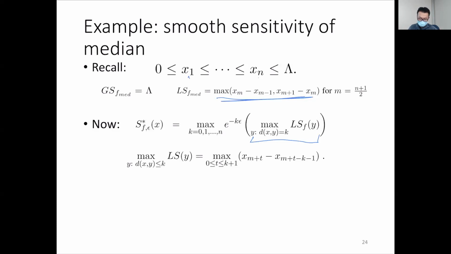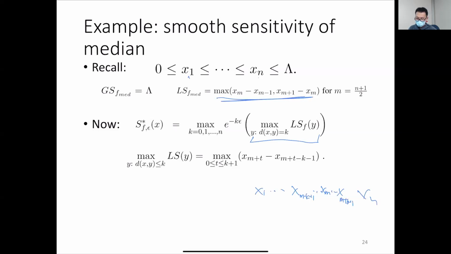So what is this saying is that we have x1 to xn, and x_{m-k+1}, xm, and then to x_{m+k+1}.